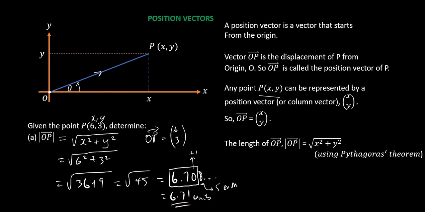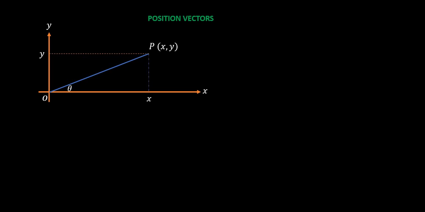Okay, so now let's look at how we can find the angle between the position vector and the x-axis. Now, this is a formula, and it comes from trigonometric ratios, sine, cosine, and tangent. And we know the tan ratio is opposite over adjacent. So what happens here is that this vector, along with the x-axis, creates a right angle triangle. And so this side will be our opposite, which is the y value.